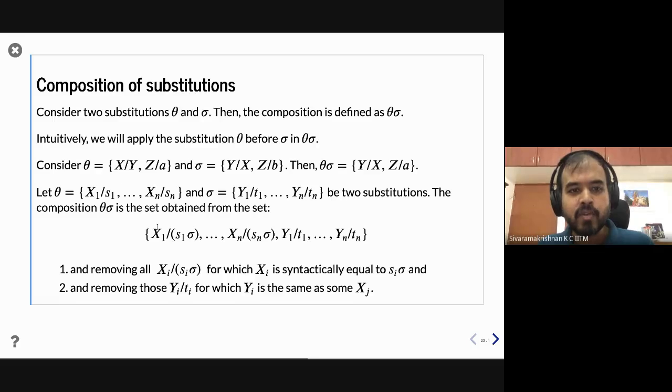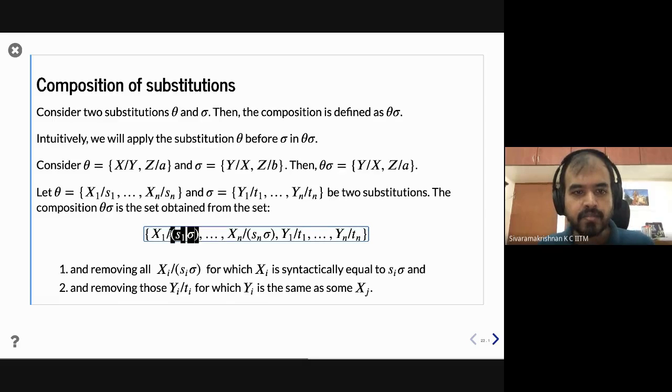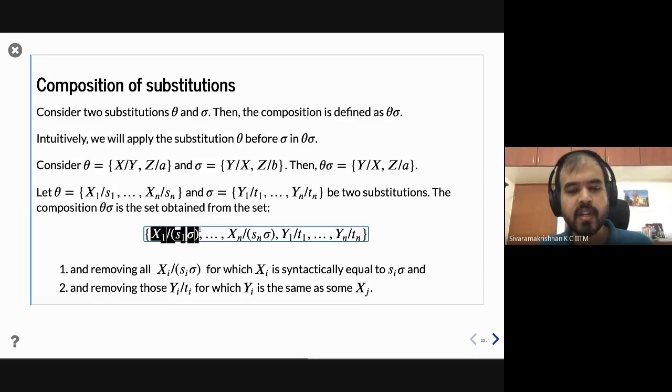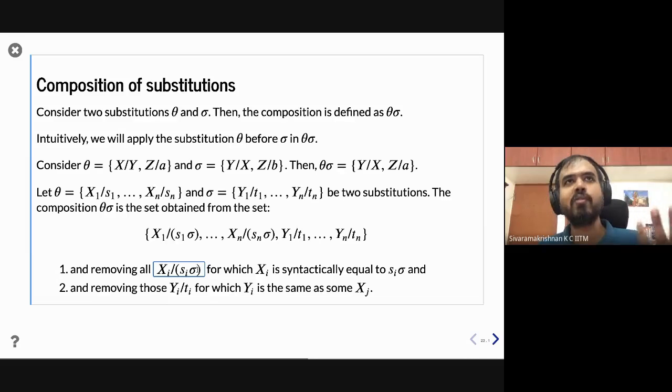So if you simply applied this formula right here, what will happen? We have x, y, where we substitute y with x here. So we will end up with x slash x for the substitution here. And of course, the well-formedness condition on substitution tells us that x slash x should not be present.